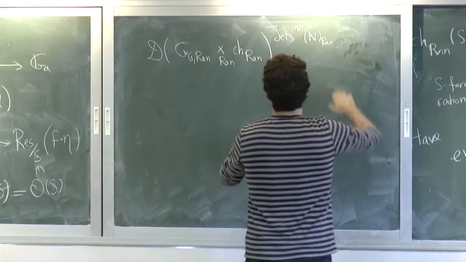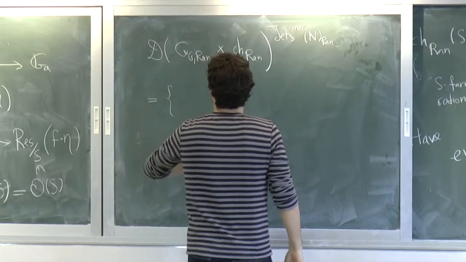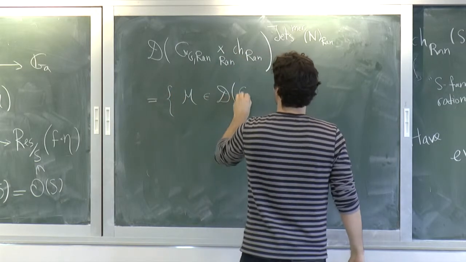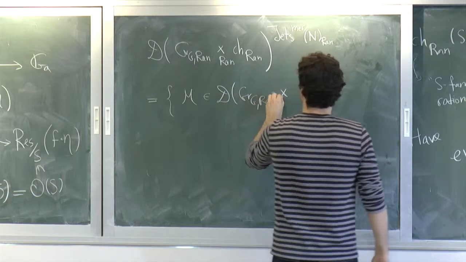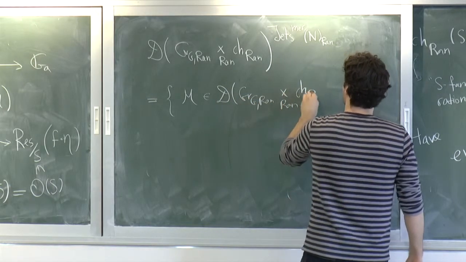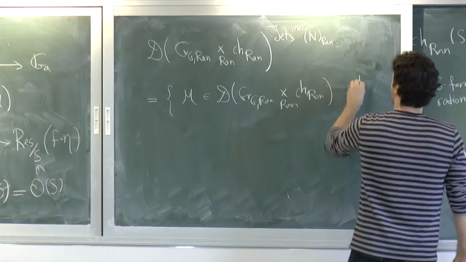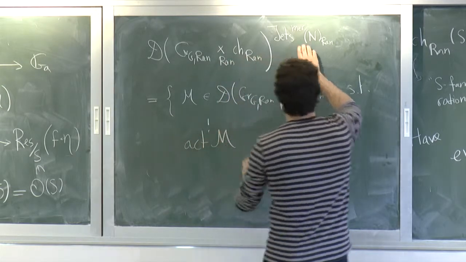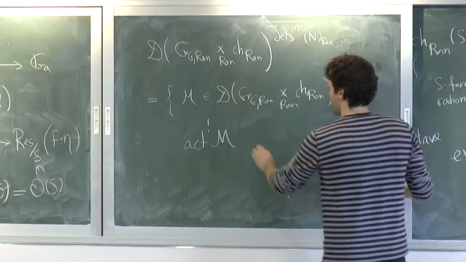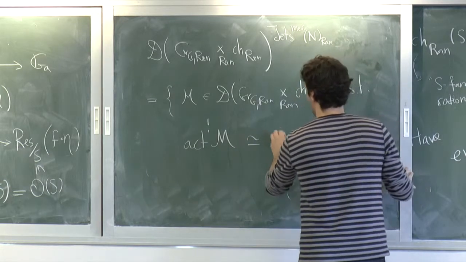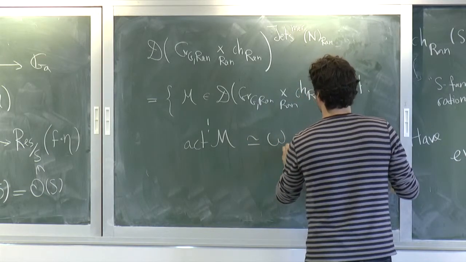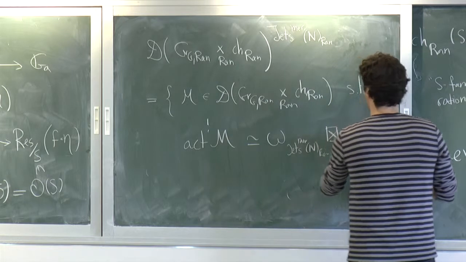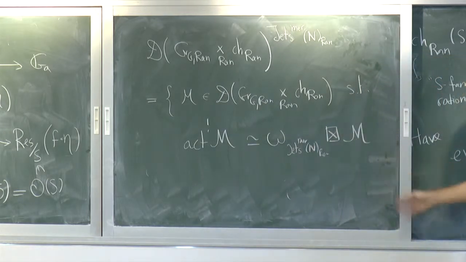Those are, let's say informally, sheaves M on this product, on this category, such that when you pull back by the action of the meromorphic jets on this, you get omega on the meromorphic jets boxtimes M. That would be the definition roughly.